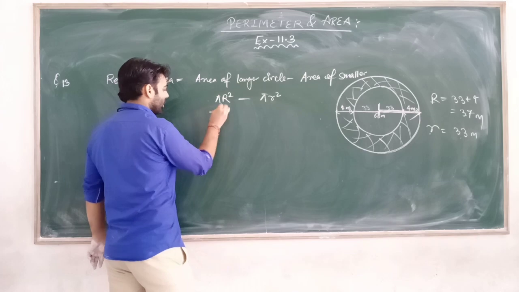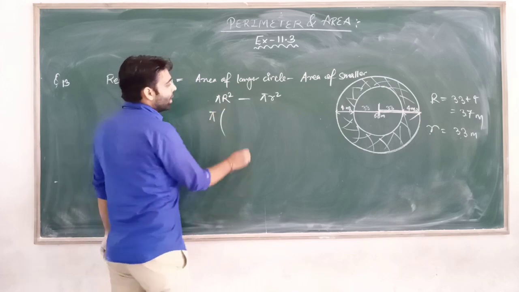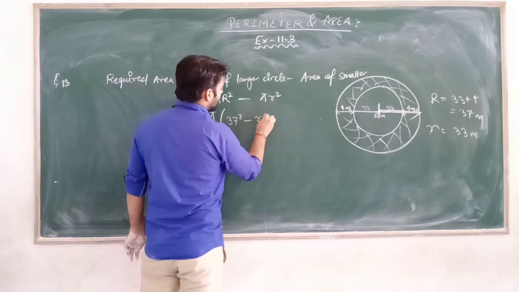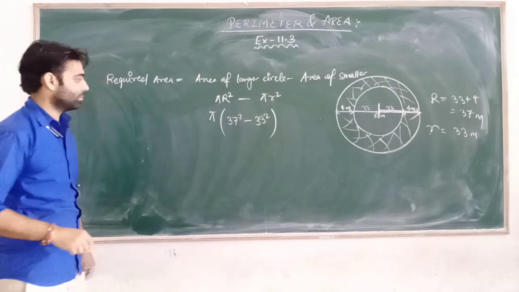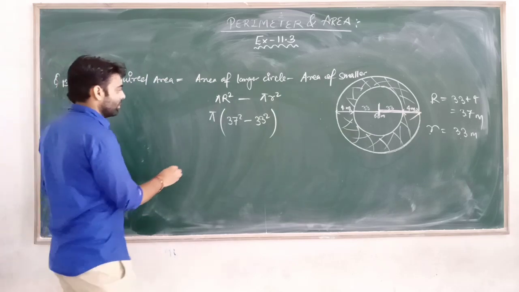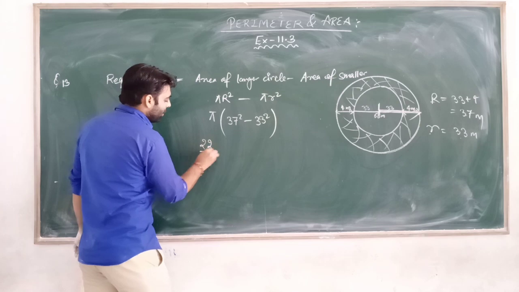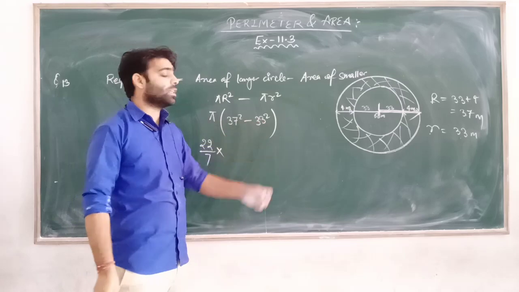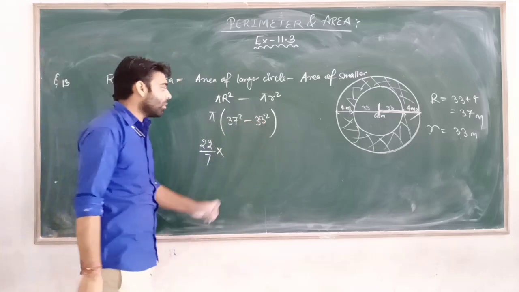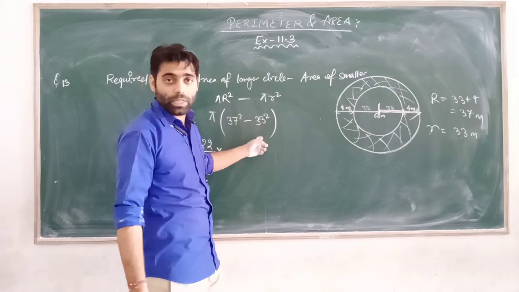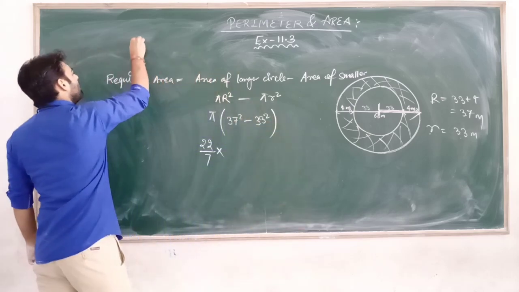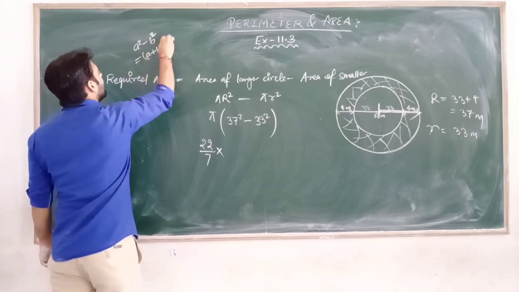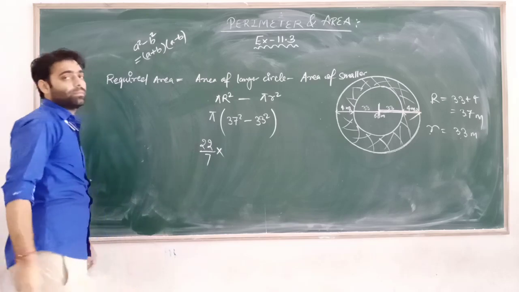Pi has been taken as common. R square means 37 square minus 33 square. The value of pi will be 22 by 7, and 37 square minus 33 square is of the form a square minus b square. Whenever we calculate a square minus b square, we can write a plus b and a minus b.